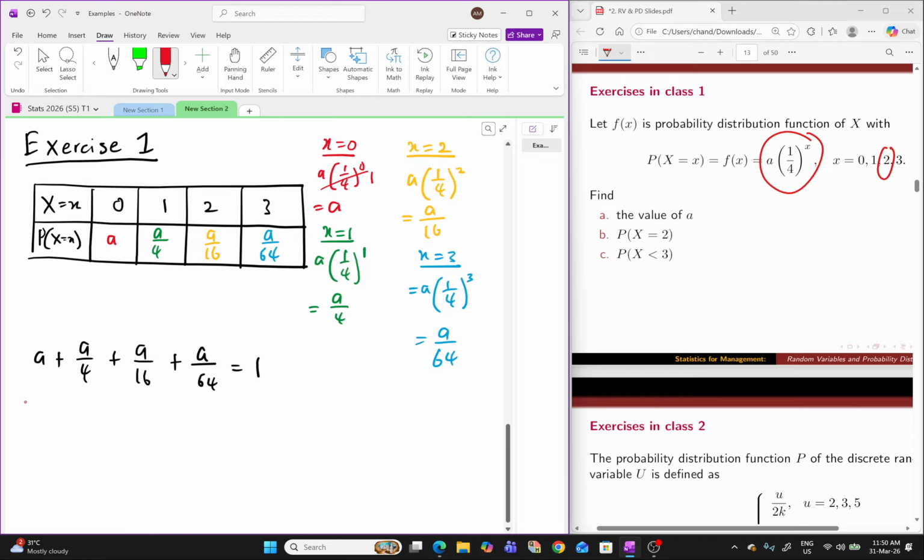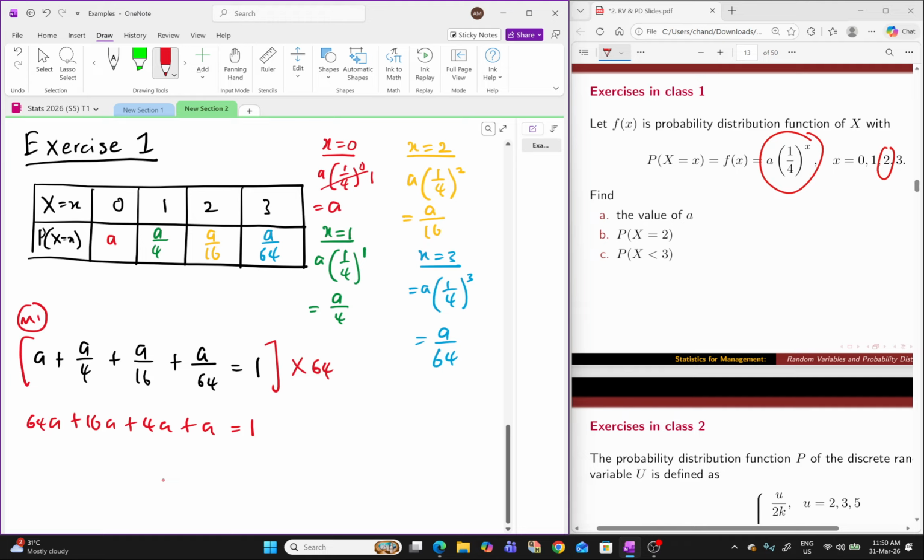Method one. Multiply this with the highest denominator. We have 64, 16, 4 and 1 here. The highest is 64. So you multiply by 64, you will get 64A, 16A, 4A, 1.